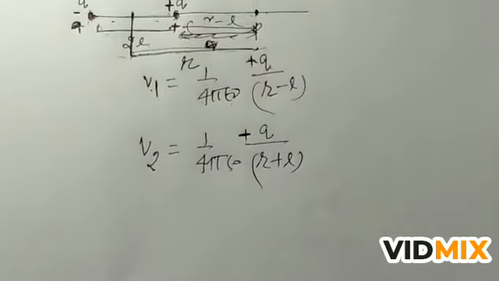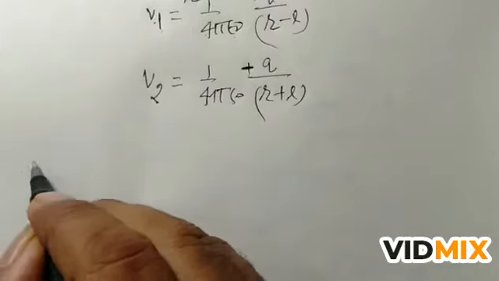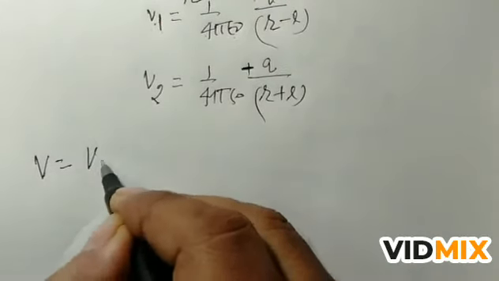Now the potential at the point P will be the algebraic sum of the two potentials. So V is equal to V1 plus V2.